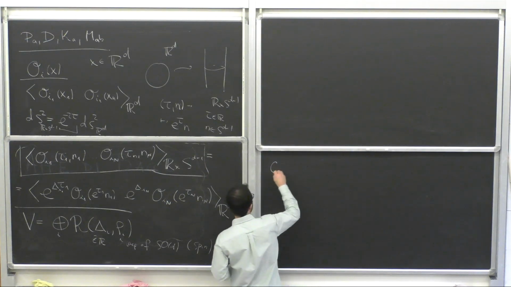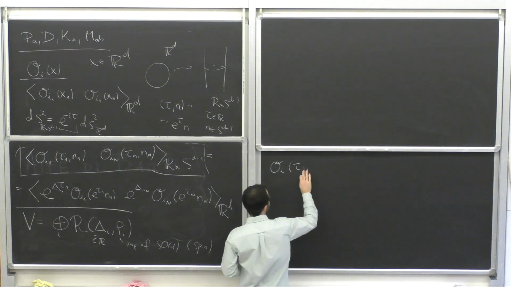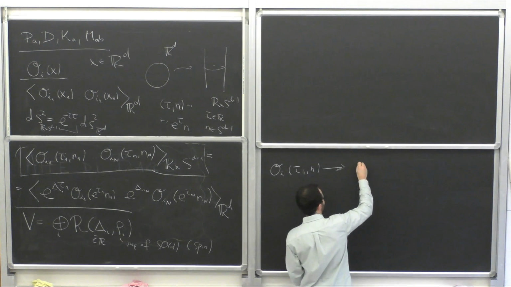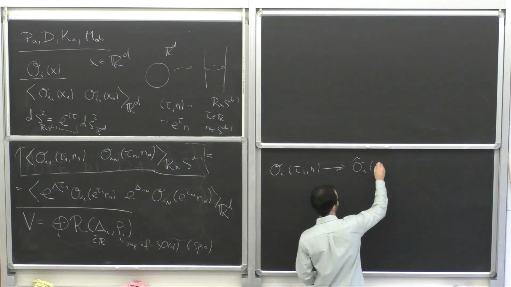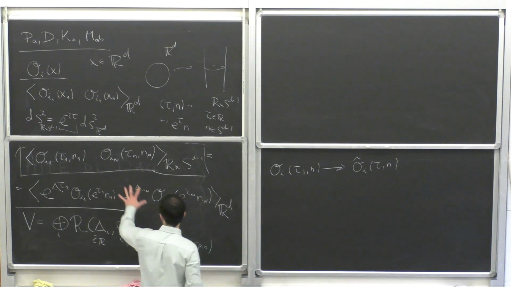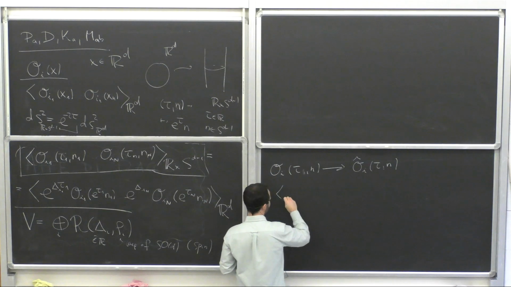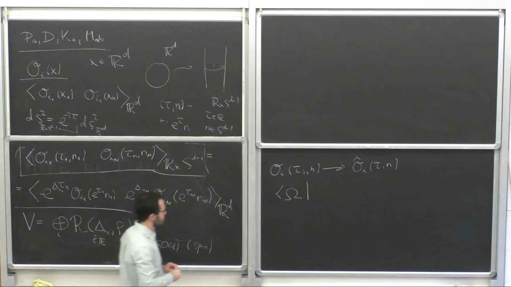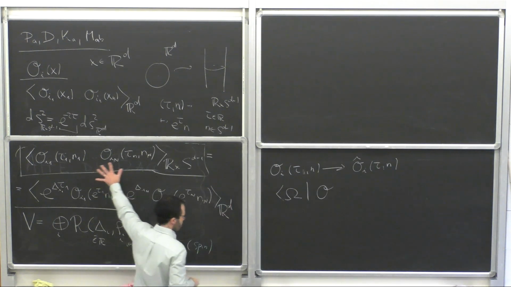So to each operator on the cylinder, we can associate an operator in the literal sense of functional analysis. So let me put a hat. And this correlation function is then computed as a matrix element of a product of these objects.